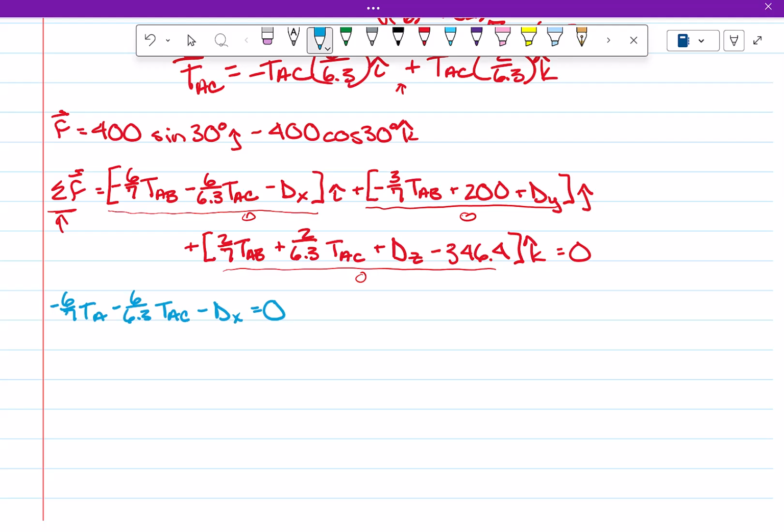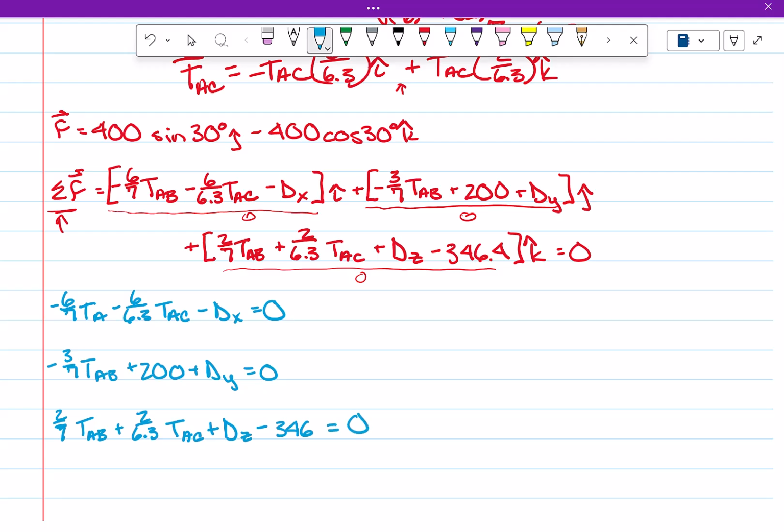Then we have on the other side negative 3/7 TAB plus 200 plus dy is equal to 0. And then we have 2/7 TAB plus 2/6.3 TAC plus dz minus 346 is equal to 0.